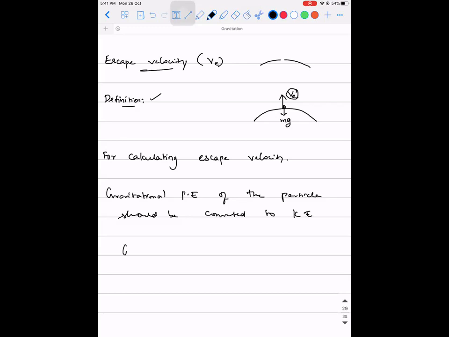So G capital M into small m divided by R is equal to half into m into VE square, where small m is the mass of the particle, capital M is the mass of Earth, capital R is the radius of Earth.